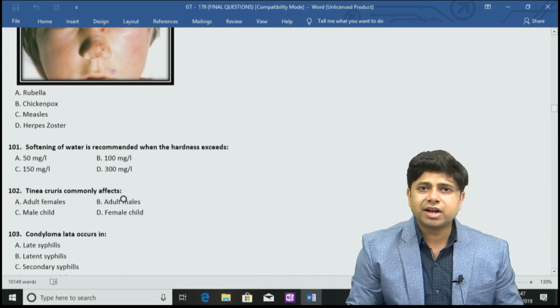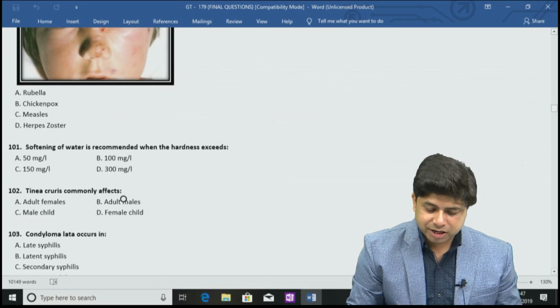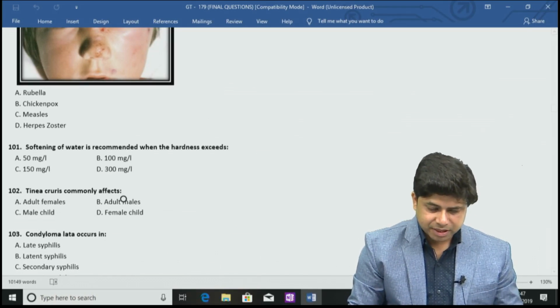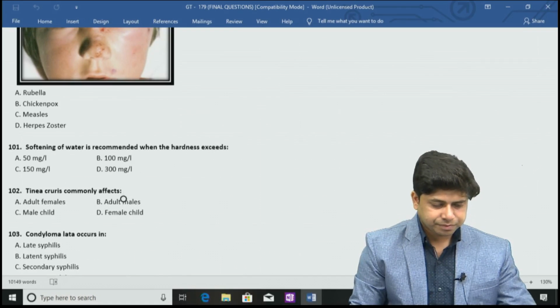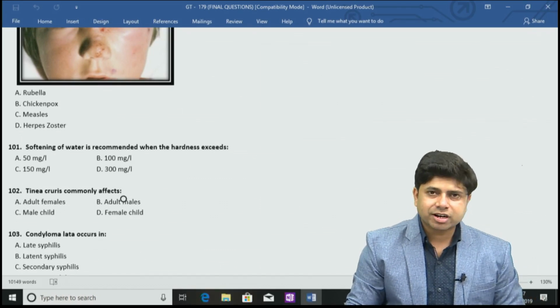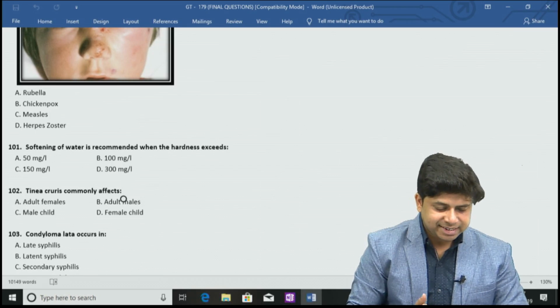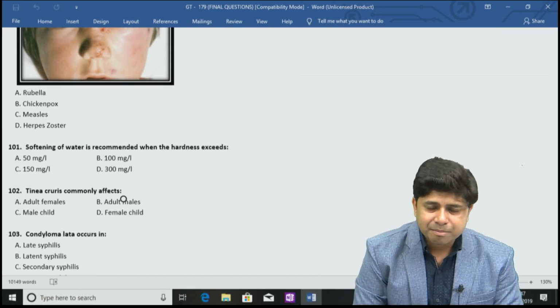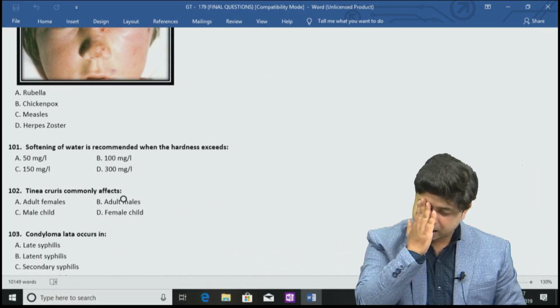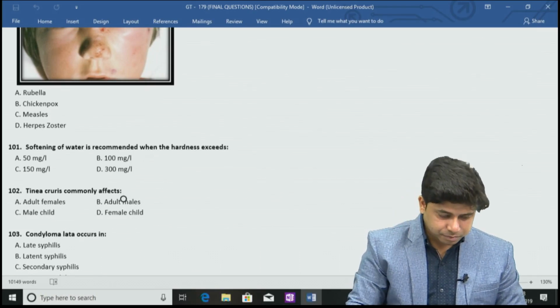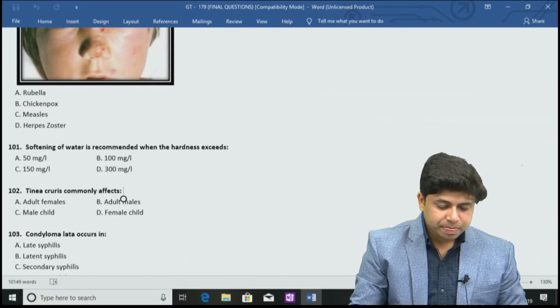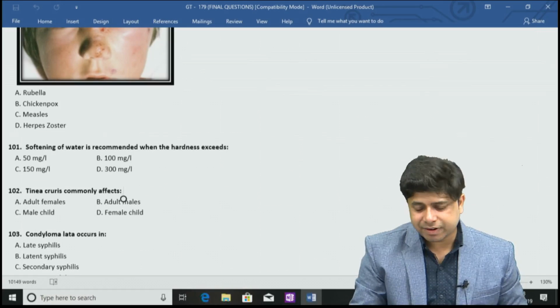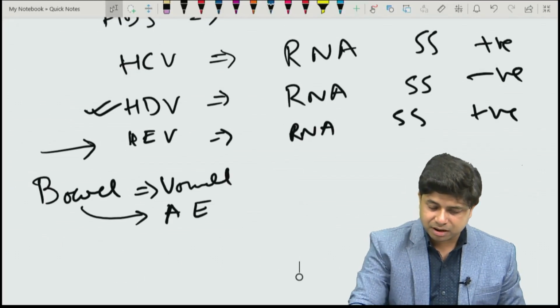Question number 101. The softening of water is recommended when the hardness exceeds how much? 150 milligram per liter. Or we can say 3 milliequivalents per liter. That is permissible.